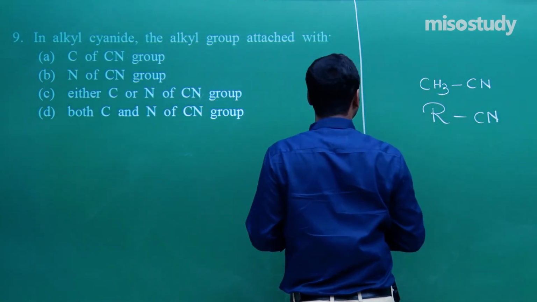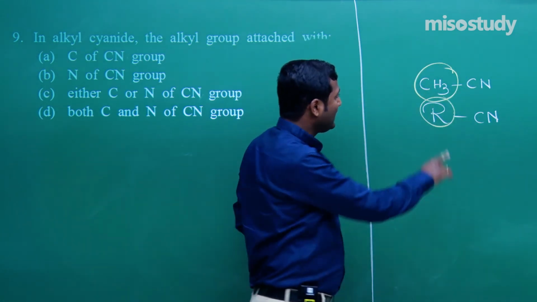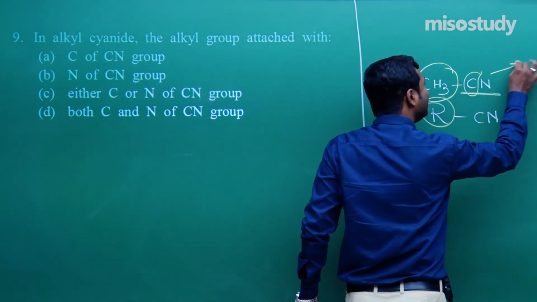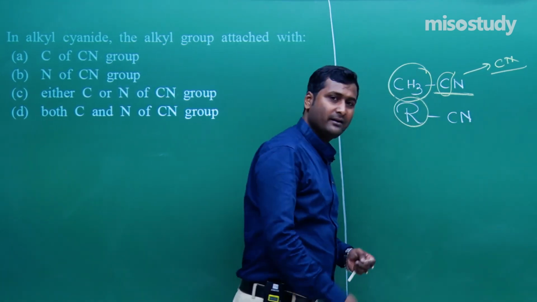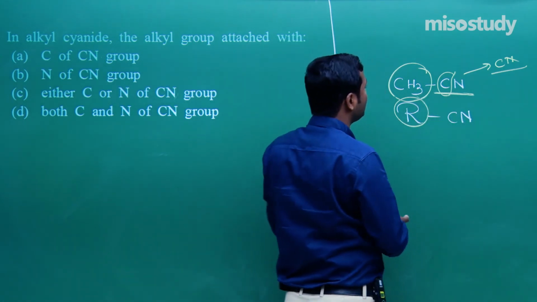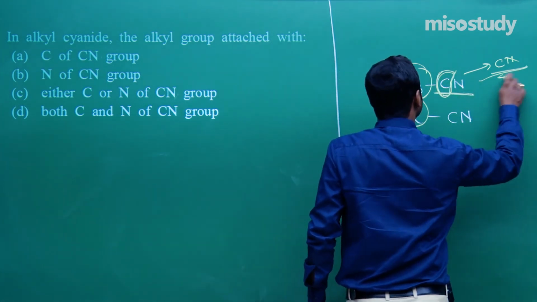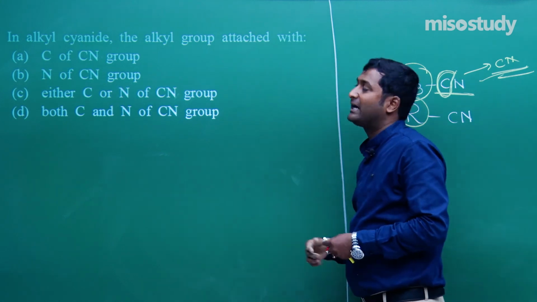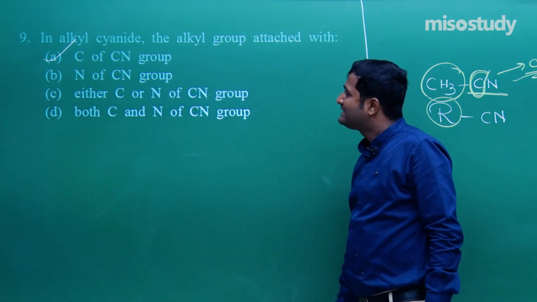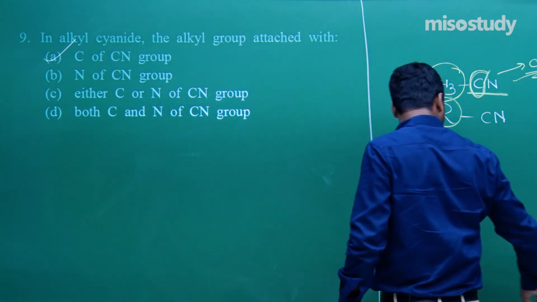In alkyl cyanide, this one is an alkyl group, and the alkyl group is directly attached to the carbon of the CN group. So for question number 9, A is the correct option, C of CN group. Clear, friend? I think now you can easily solve such kinds of questions.